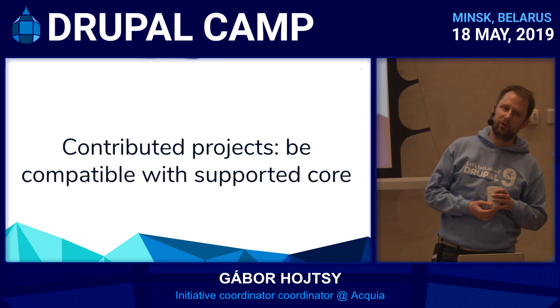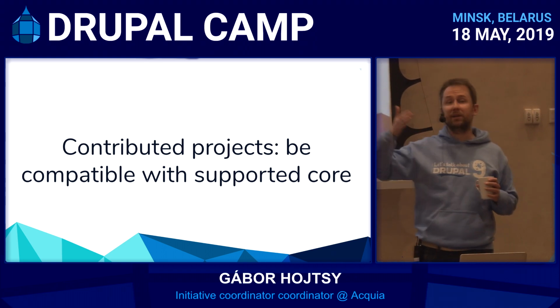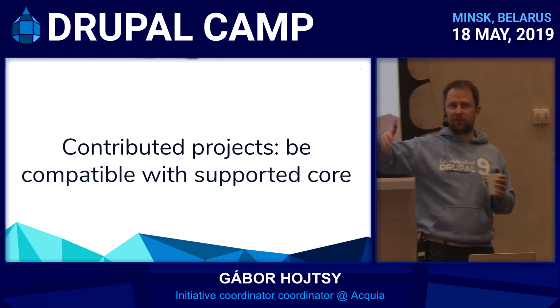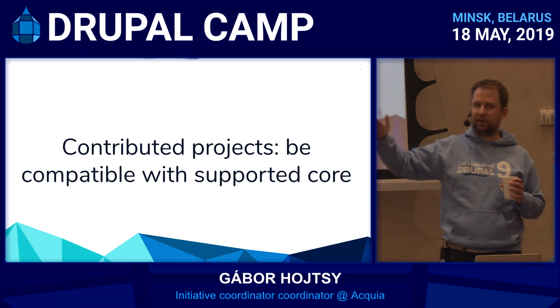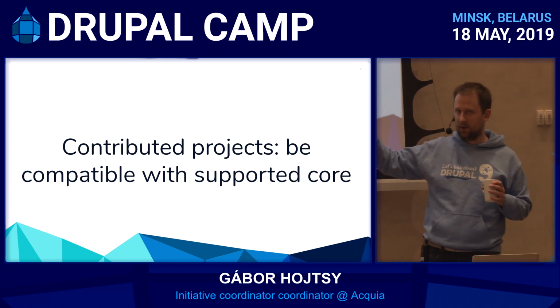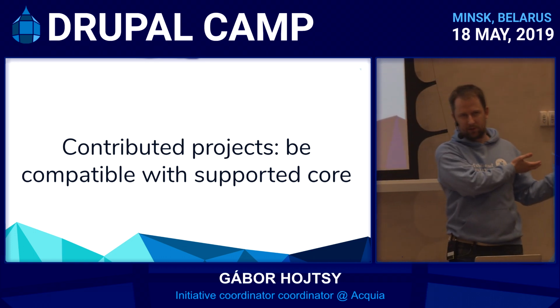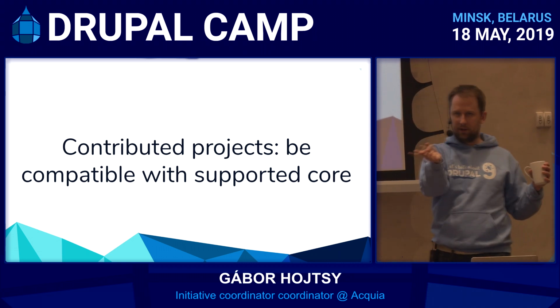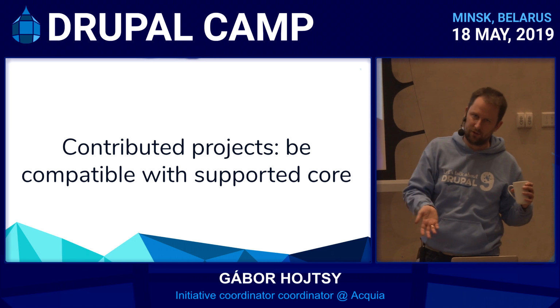for 12 months, for a year. If they immediately remove deprecated code, that also means that if they start using new code that's been released only in the new version, it will not be compatible with previous Drupal core versions anymore. And then they force you to update your core version to a later version.